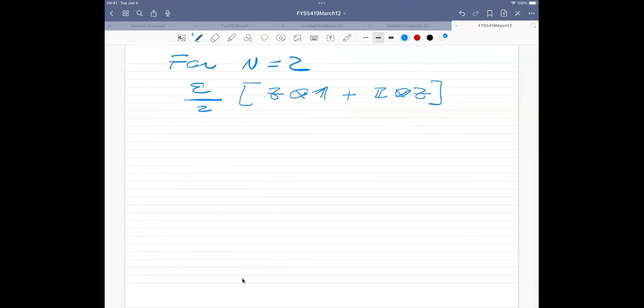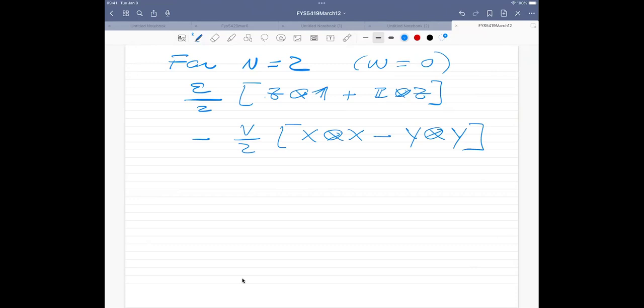So if we are thinking of this as two qubits, but you will see that we are going to simplify this further. So we're going to make it a little bit simpler. But in principle, if I now put this W equal to 0 for simplicity, so in the project we can actually easily run with that, that's going to have a Pauli x times a Pauli x minus a Pauli y tensor product with a Pauli y matrix. And then we would have a similar one if we add this W term.